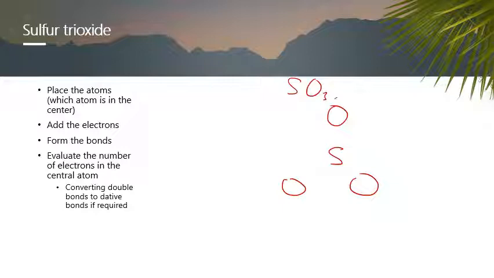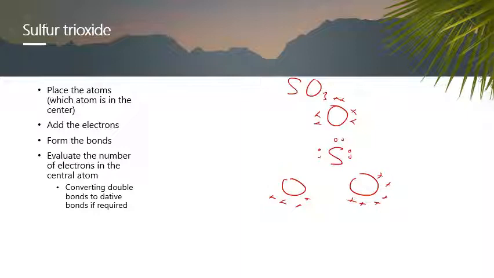Oxygen has got 1, 2, 3, 4, 5, 6. 1, 2, 3, 4, 5, 6. Sulfur has got 1, 2, 3, 4, 5, 6. Now, oxygen has 6. In order to form a stable compound, you would like to form 2 bonds to make 8.